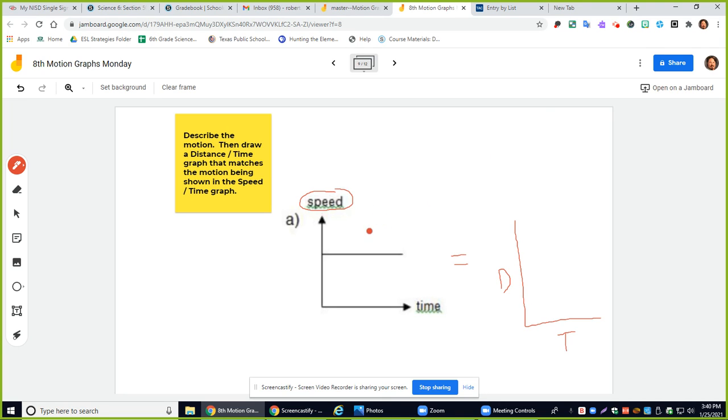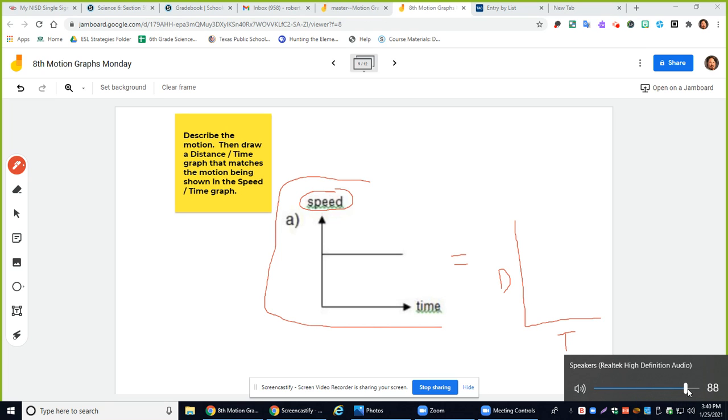Okay, so let's talk about it. Jalissa, what can you tell me about this speed time graph? What is that object doing? Is it speeding up, slowing down, or staying at the same speed? I'm sorry, let me turn up my microphone. I can't hear anything. All right, one more time, Jalissa. It's not moving. Okay, so let's look at it like this.